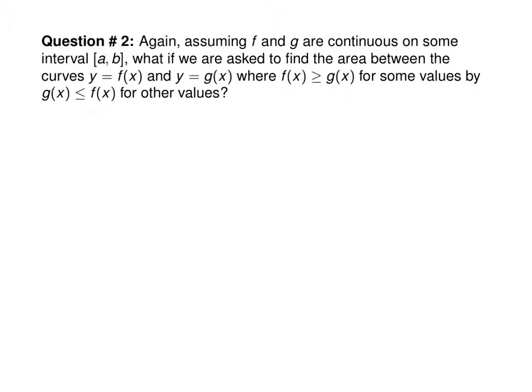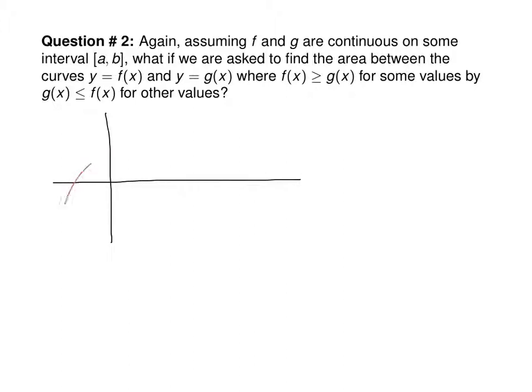All right, so far that was pretty simple, so let's make it a little bit more complicated and consider some more complicated cases. So we assume that f and g are still continuous, but what if it isn't the case that f of x is always bigger than g of x? What if f of x is sometimes bigger, and what if f of x is sometimes less? So, for example, here's a picture.